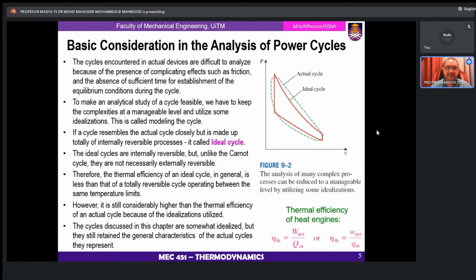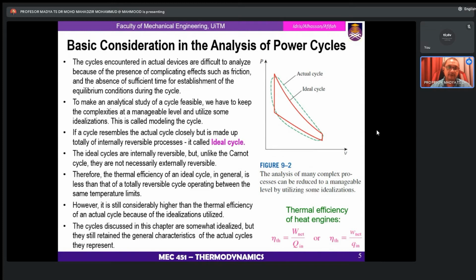If the cycle resembles the actual cycle closely, but is made up totally of internally reversible processes, this is called the ideal cycle. So an ideal cycle is internally reversible, but unlike the Carnot cycles that you have seen in chapter 4, it is not necessarily externally reversible.